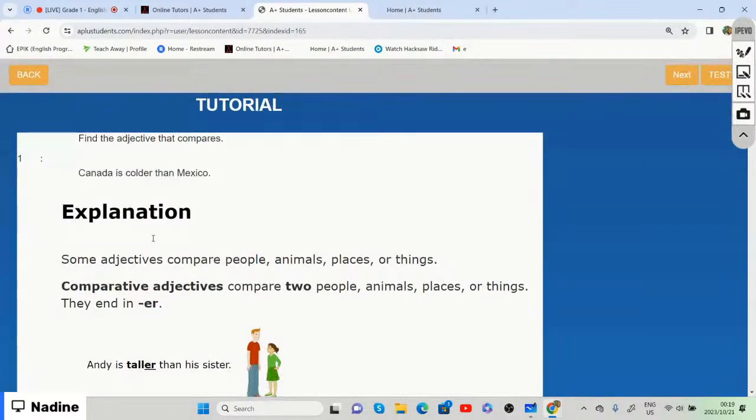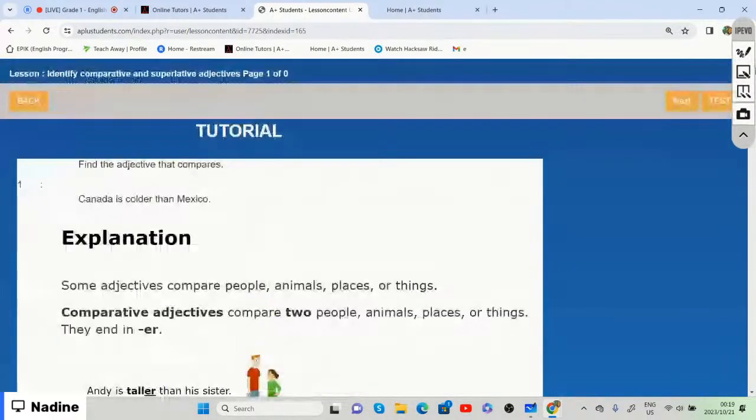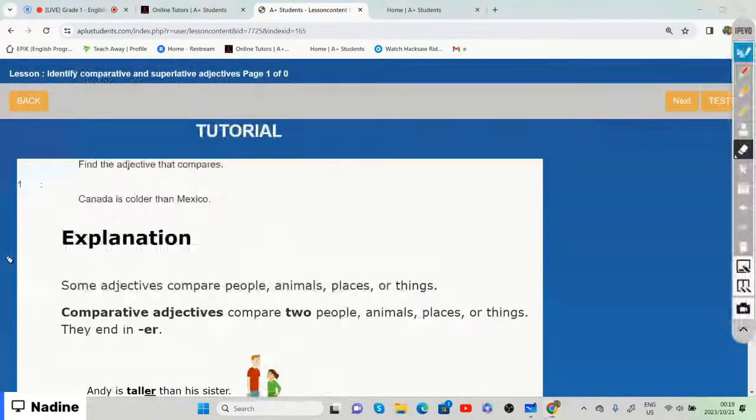So if we identify the adjective that compares, we can say it is colder. So colder is our adjective that compares. If it ends in er, then it is a comparative adjective. So it's comparative if it ends in er.